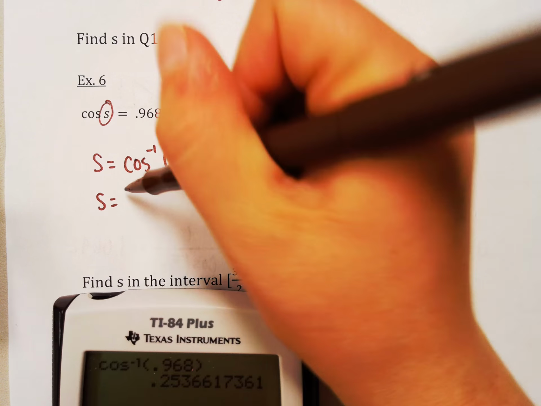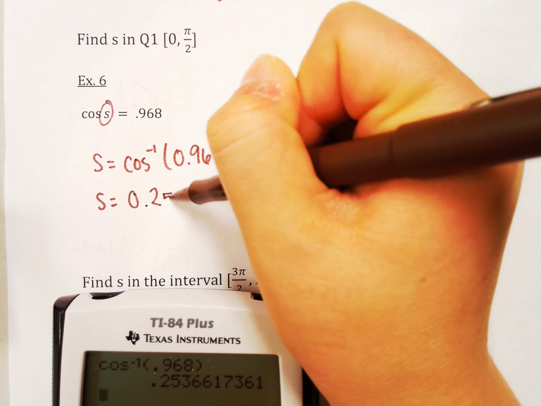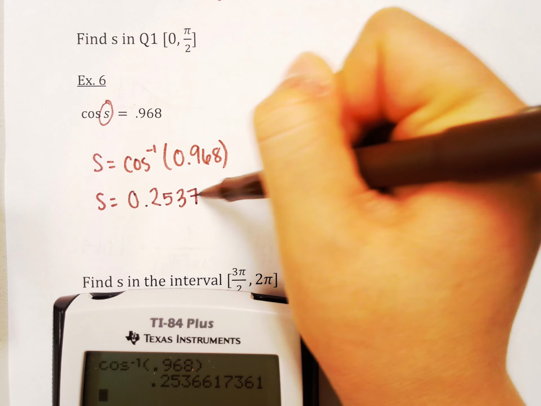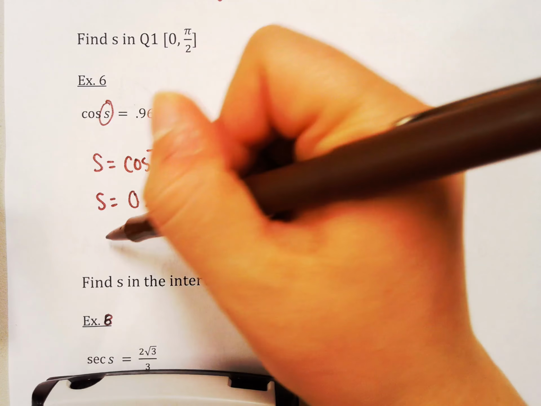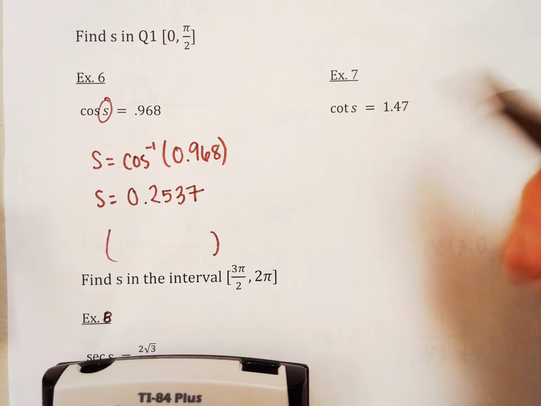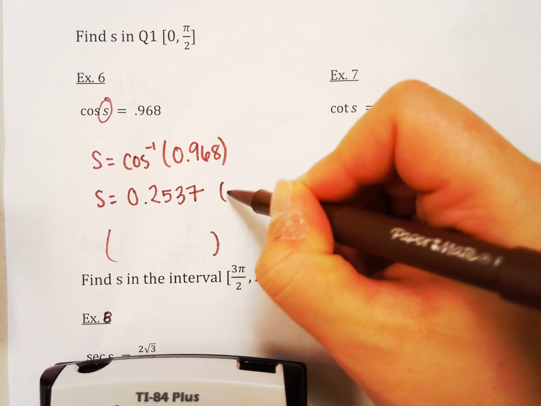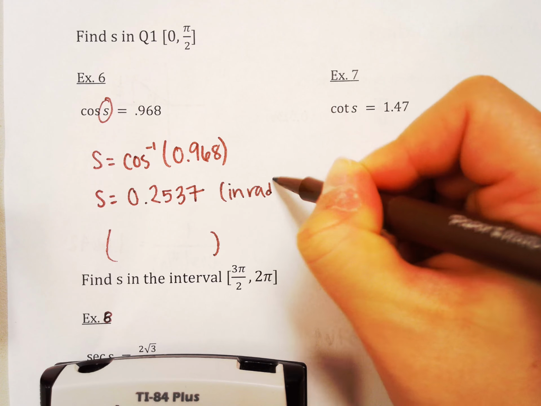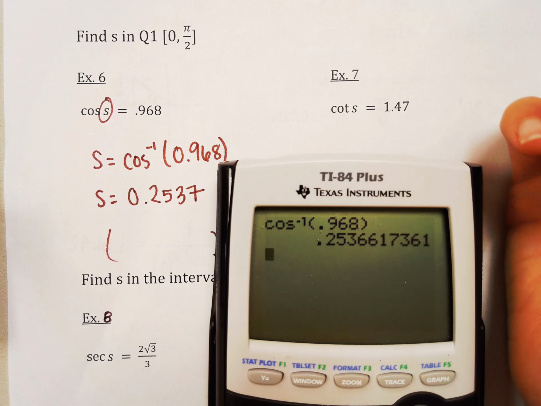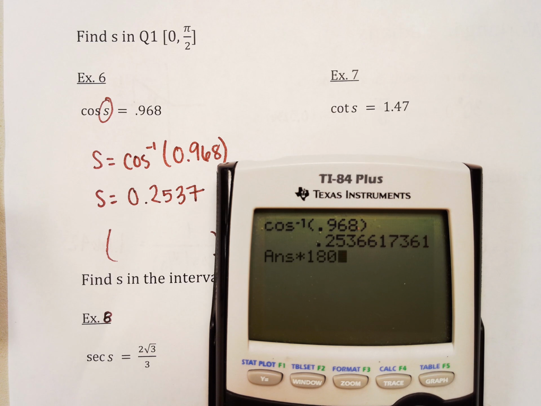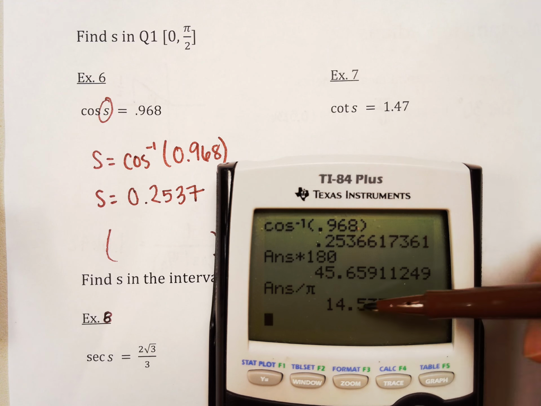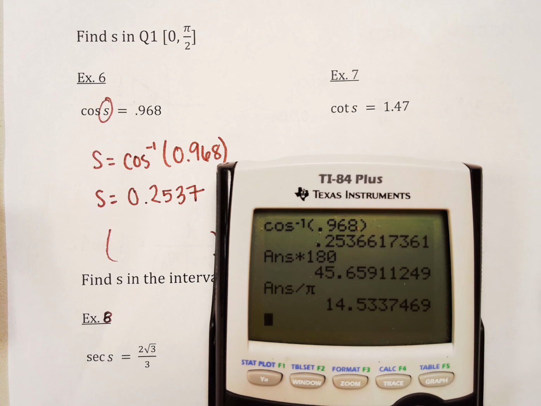So this would be 0.2537 approximately, which you don't have to do because we're actually looking for the term in radians. But I just want to show you that it's not too crazy of an answer. This would really be 14.53 degrees.